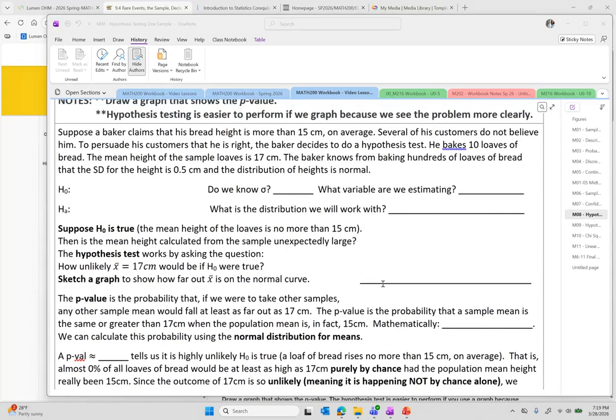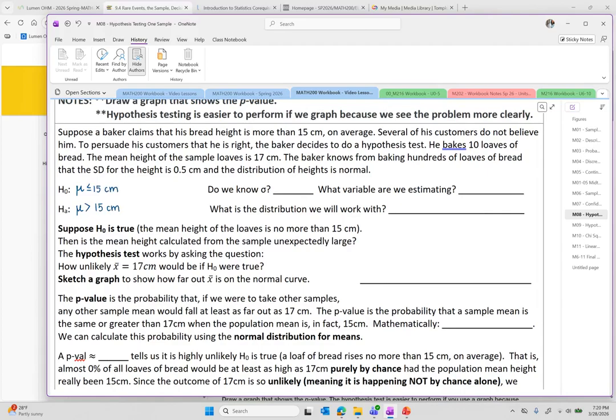So, what is the null hypothesis? The null hypothesis has to contain the equal sign. We are talking about a height, which is a continuous numeric variable. So the mean of the population will be less than or equal to 15 centimeters. The baker thinks that the alternative hypothesis he's trying to prove is that the mean is greater than 15 centimeters.